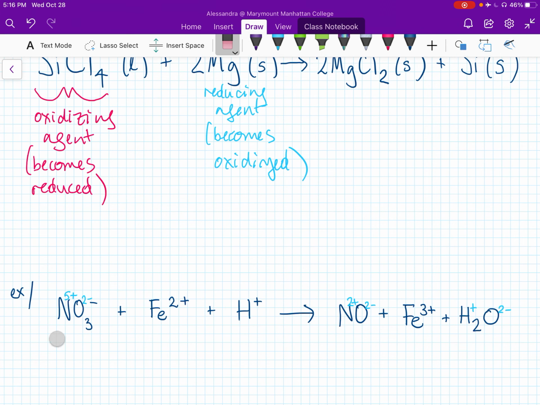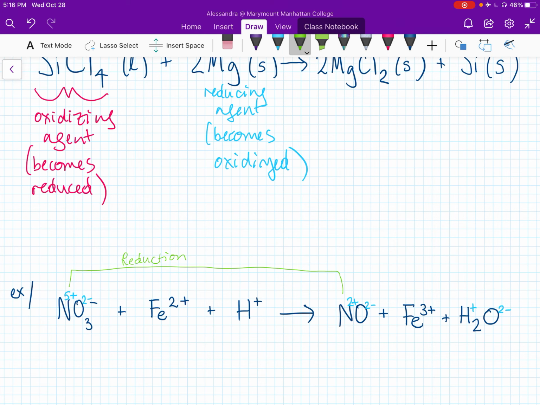However, nitrogen is going from 5+ to 2+. It's becoming less positive. That means it must be gaining electrons. So nitrogen is going to be reduced. The nitrogen is gaining 3 electrons to go from 5+ to 2+.